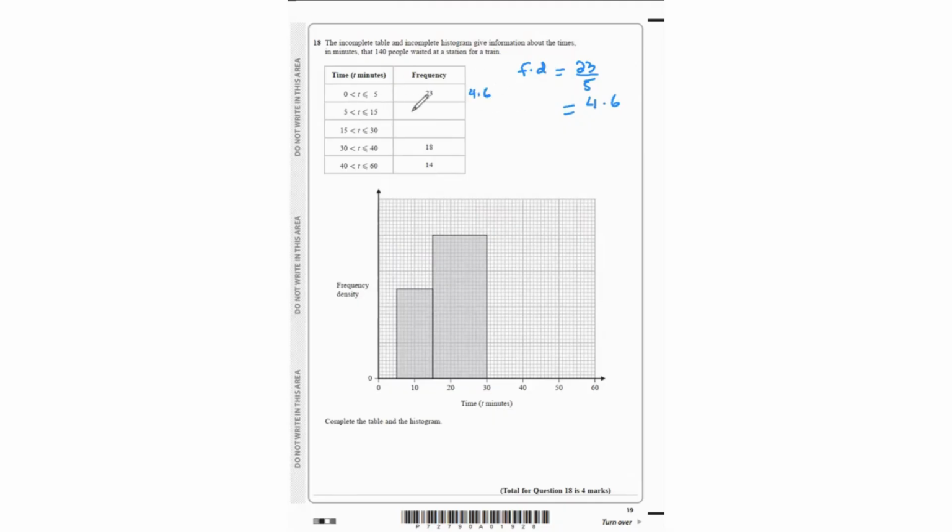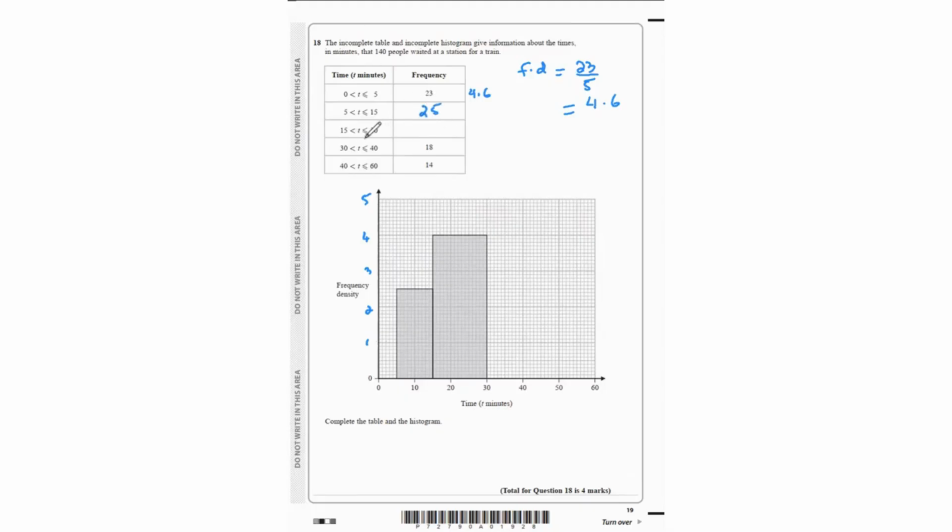Then for the other ones, they gave us the interval and they've given us the frequency density. So if we say that this is 1, this is 2, this is 3, this is 4, this is 5, let's say, okay? Then 10 times 2.5 is going to be 25.